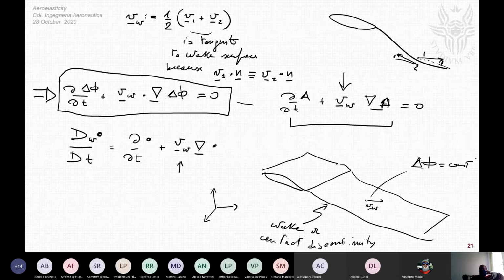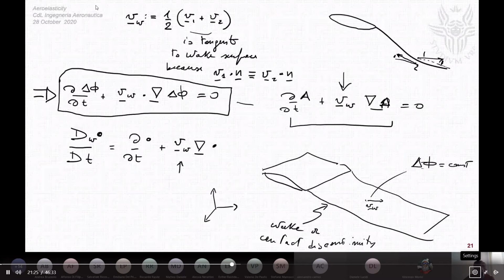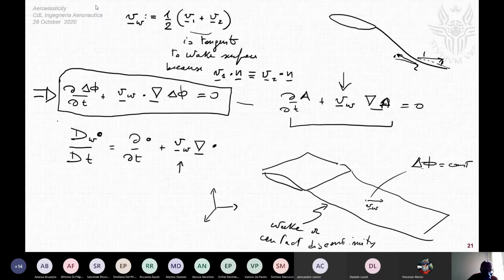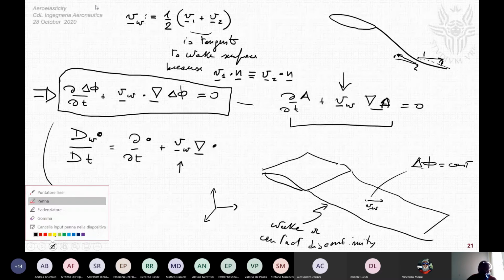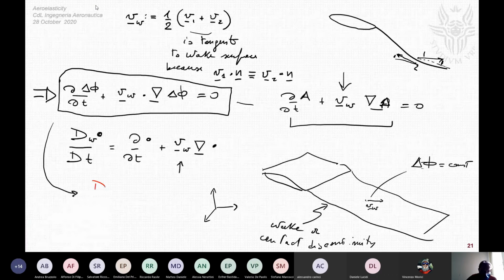So delta phi is a quantity which is preserved on the wake if you move on the wake with VW velocity. And this is the statement of this condition, which can be summarized as follows: the application of this operator on the delta phi quantity is equal to 0.